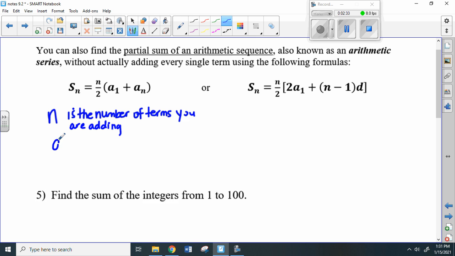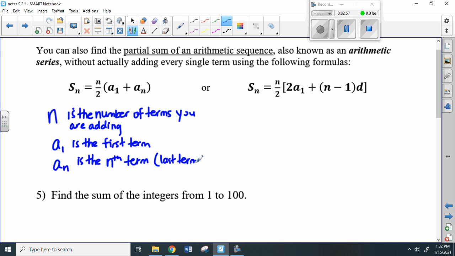A1 is still the first term. A sub N is the nth term, sometimes referred to as the last term. And so that's everything in this formula.